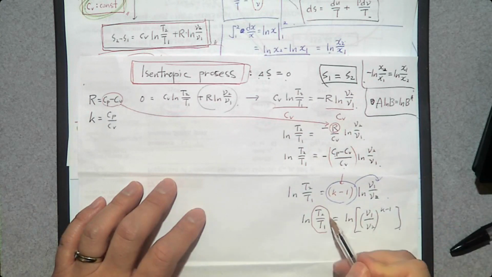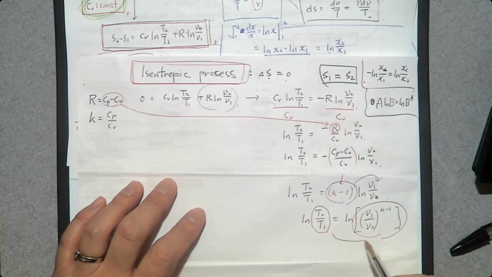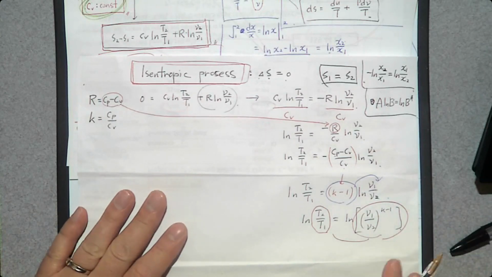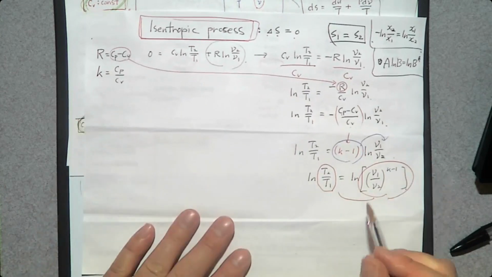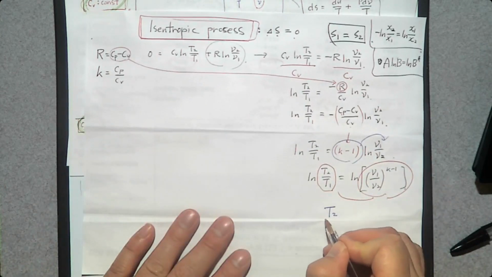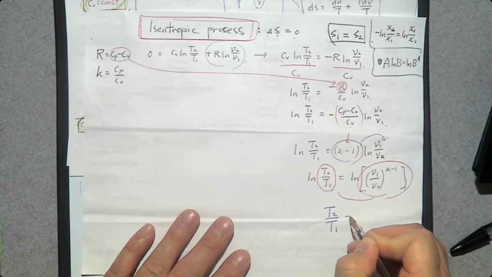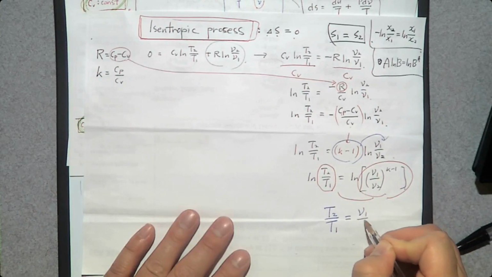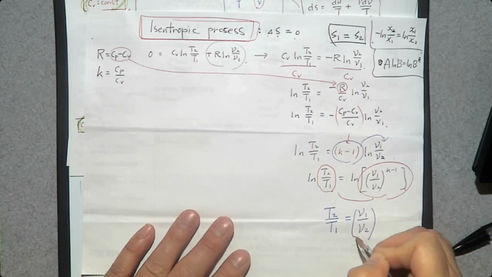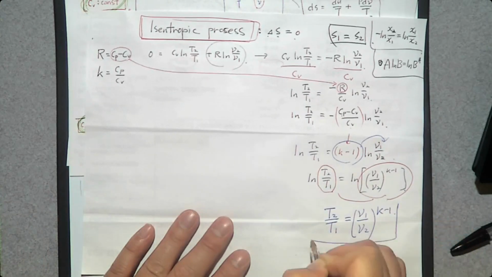Whatever is inside this natural log should be the same. So this equation becomes T2 over T1 is V1 over V2 to the power kappa minus 1.